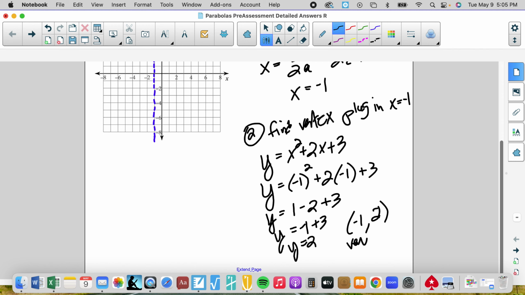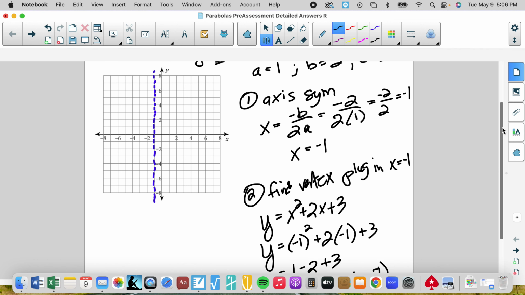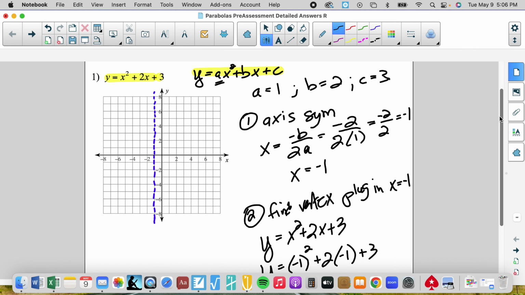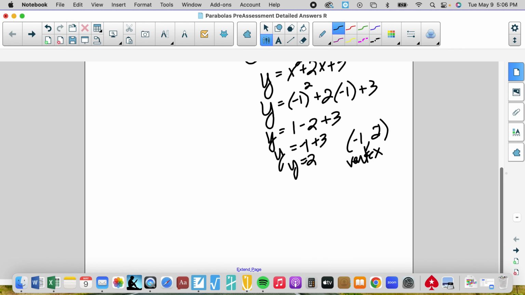So this is my vertex. I'm going to go and graph that. Negative 1, positive 2. Now, the third thing is I'm going to find something that is relatively easy. I'm going to find my y-intercept. There's 2 ways we can find it.